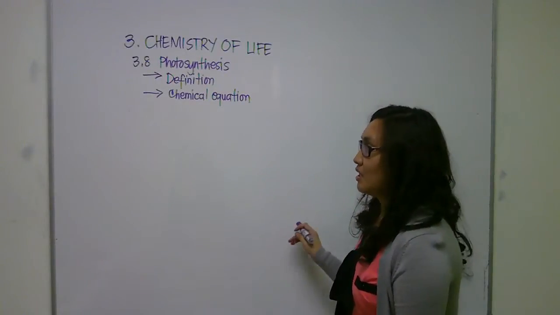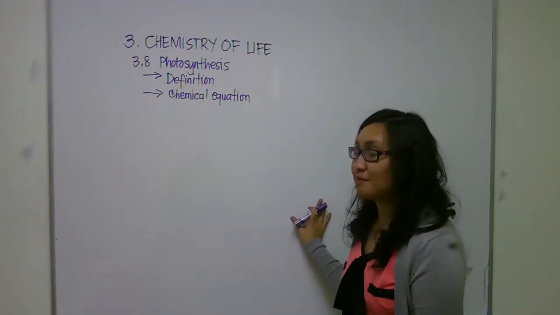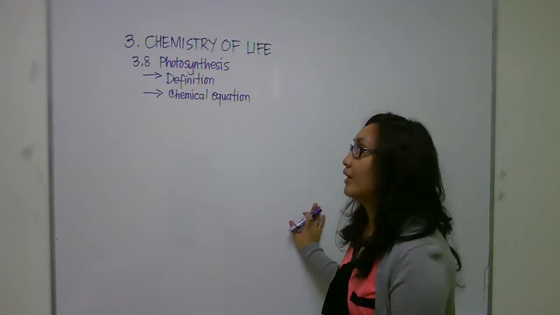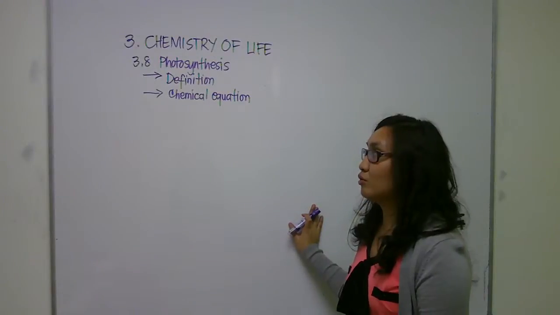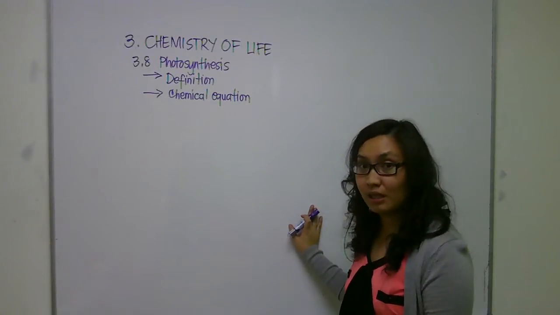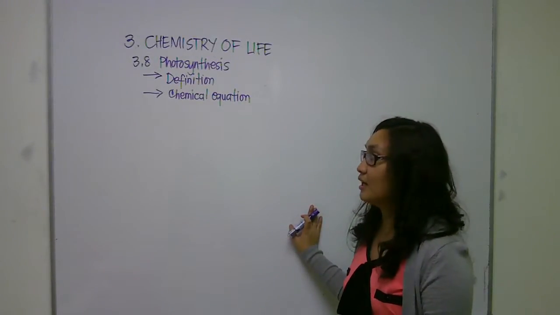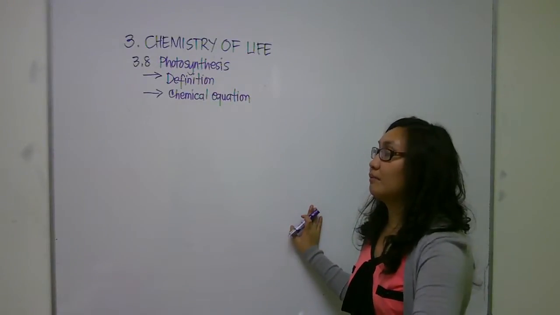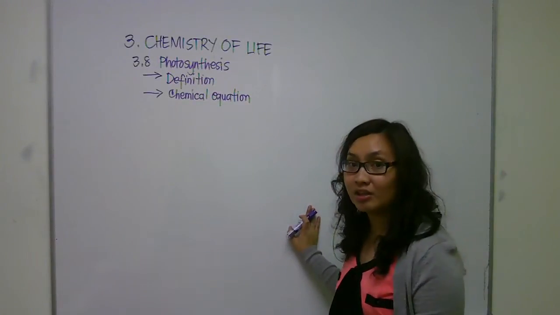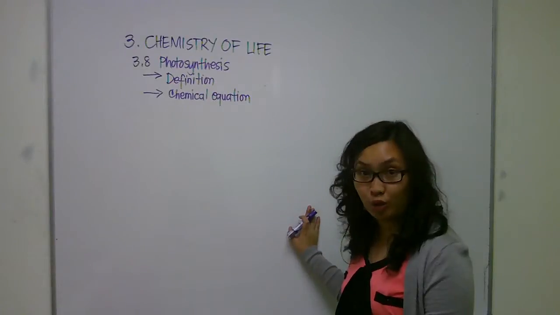So definition: this is the process being undergone by plants where they're able to convert light energy being acquired from the sunlight, from the sun, and convert them into chemical energy, which is in the form of glucose.